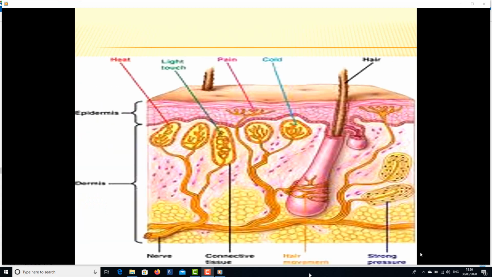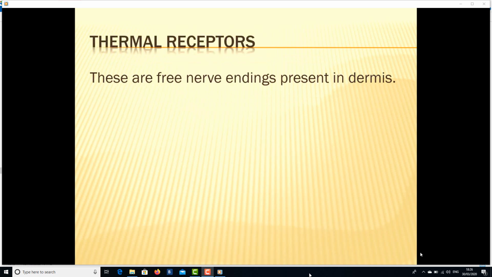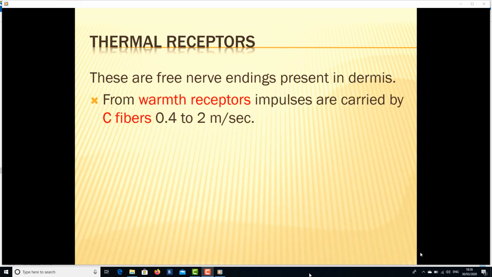Now look at this diagram again. You can see the epidermis showing the 5 different layers of the skin, and in the dermis you can see the receptors for light touch, vibration, pain, cold, warmth, etc. The free nerve endings present in the dermis are meant for sensations like pain.